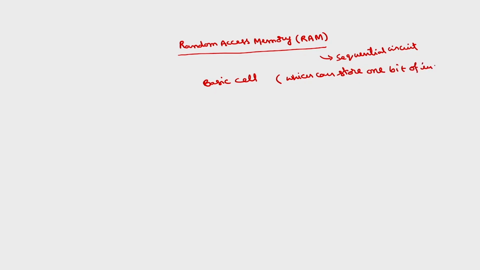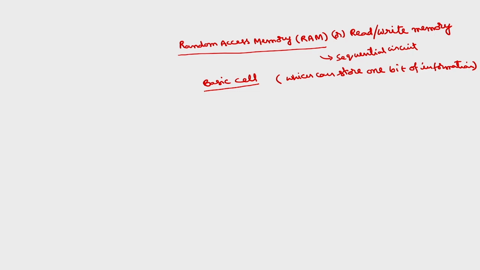This random access memory can also be called read write memory. We can perform read operation as well as write operation. So, how can you write 1 bit of information? How can you read the 1 bit of information? First, I will discuss the basic cell. After that, using the basic cells, I can construct any big memory sizes.